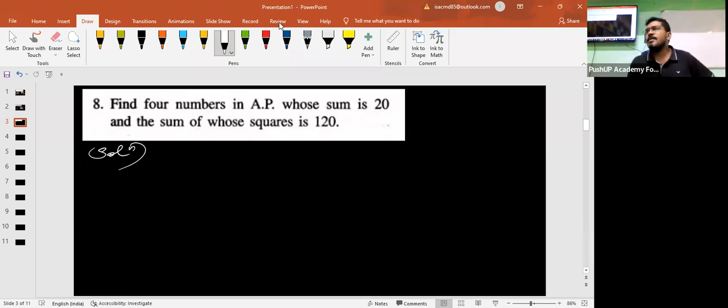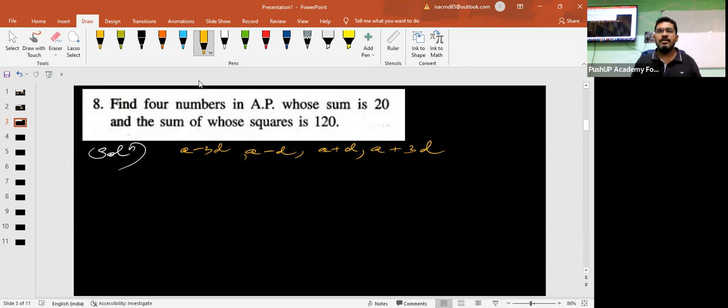Find 4 numbers in the AP. So what is the general pattern of writing 4 numbers in AP when A as well as D is not given? A minus 3D, A minus D, then A plus D and A plus 3D.